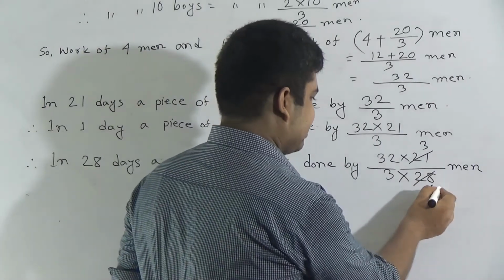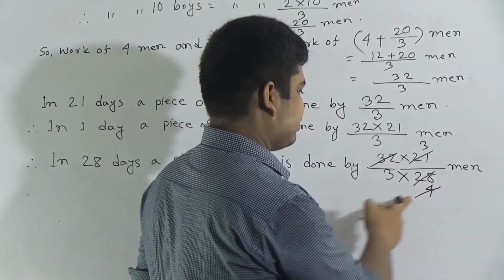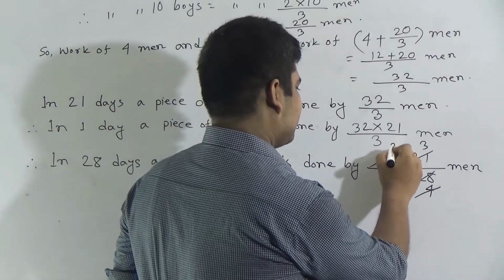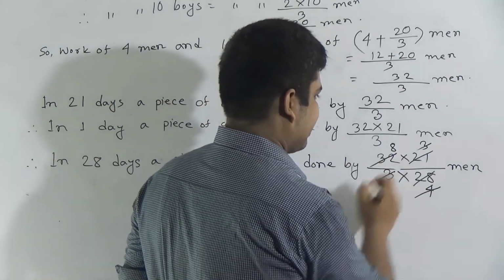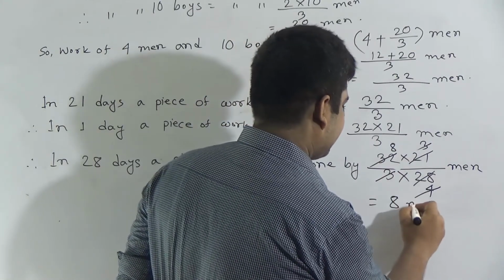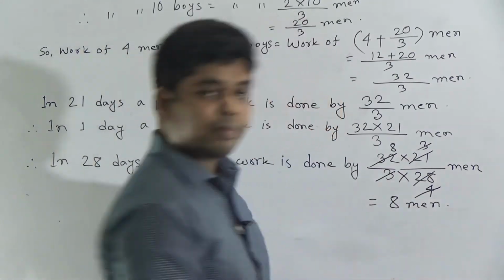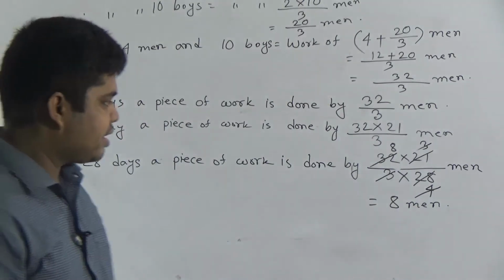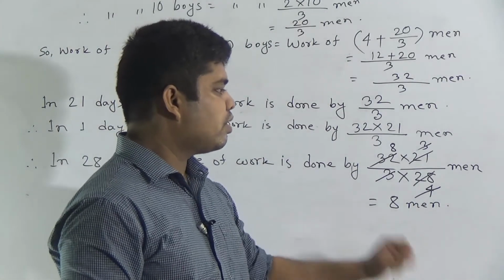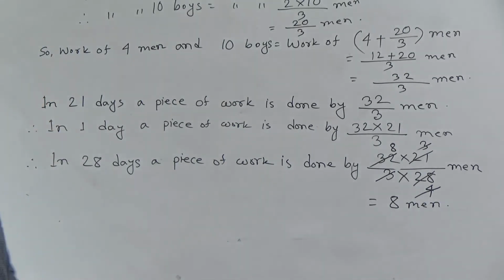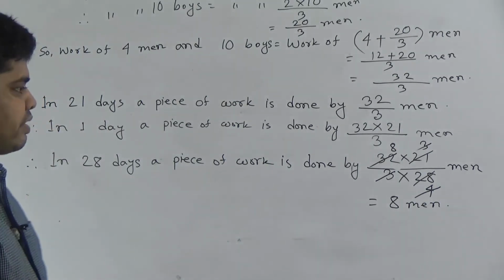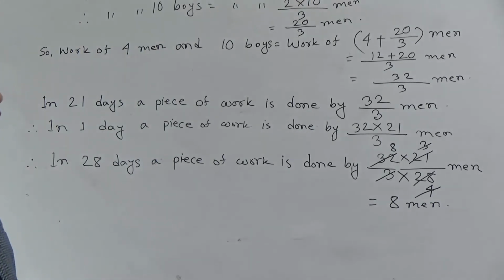Now we cut these 4 and 32. 4 8s are 32. Okay. And these 3 and these 3 are cut and left 8 men. I hope you have understood. Dear student, 8 men is needed to complete the work in 28 days. Men is done. Now we shall find out the number of boys.